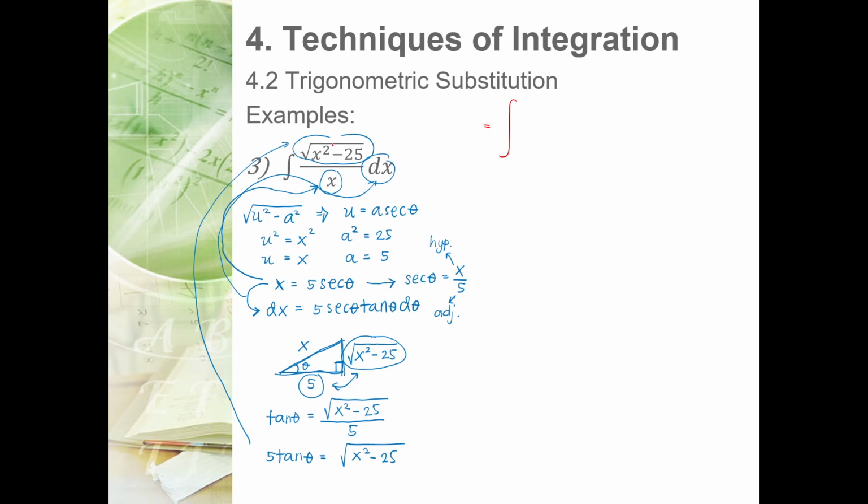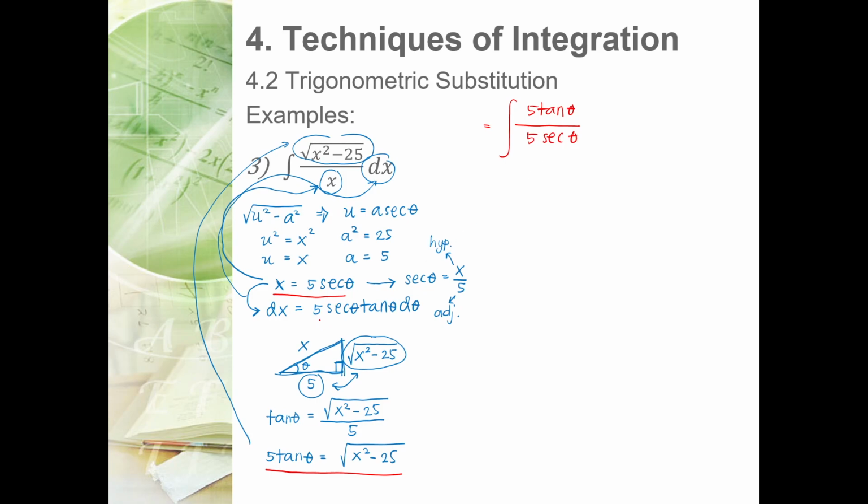Starting off with the square root of x squared minus 25, this is 5 tangent theta, all over the x value. The x parameter is 5 secant theta.